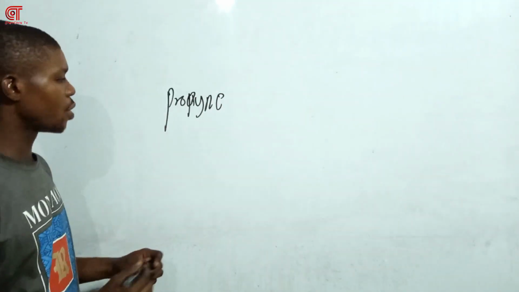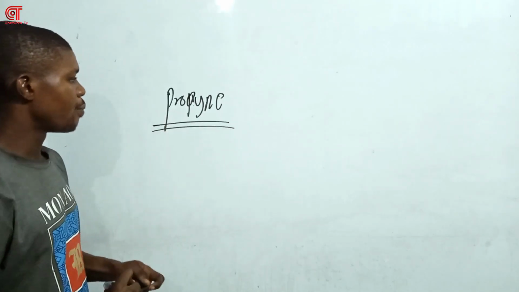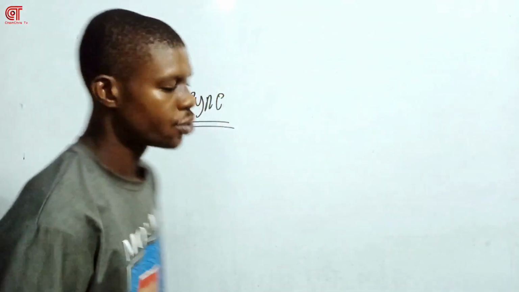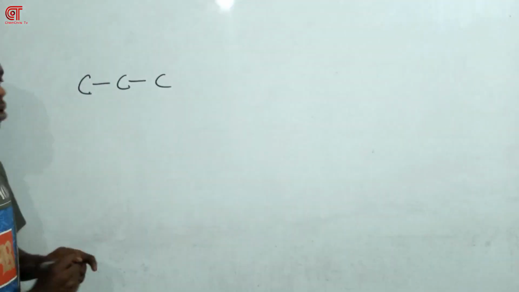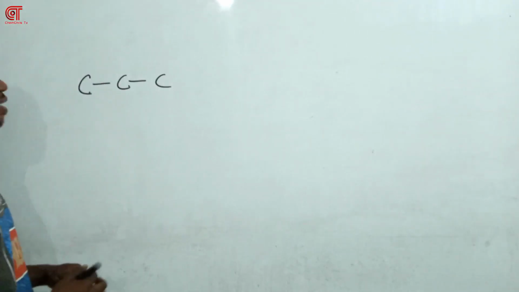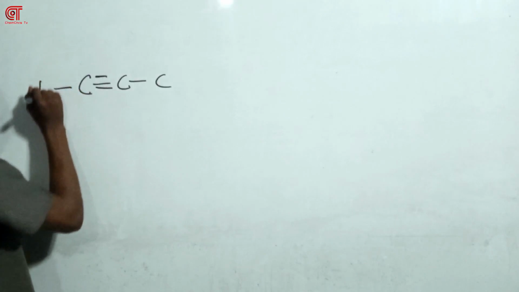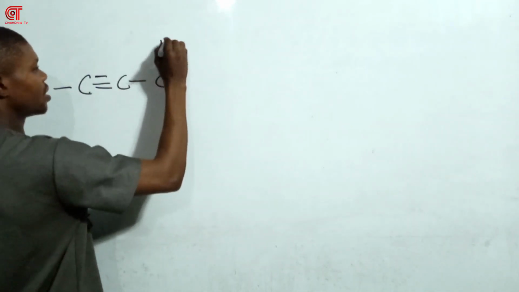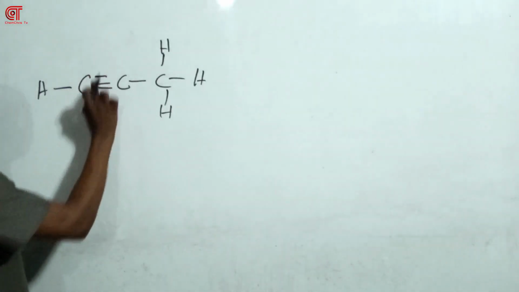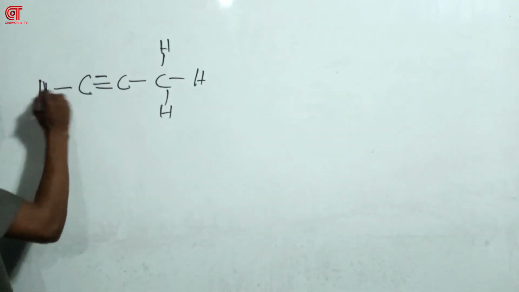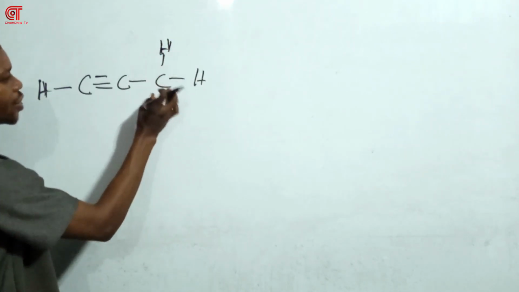What you want to do here is to draw the structure of propyne, with carbons one, two, and three. Propyne has a triple bond. So this carbon here already has a triple bond and one hydrogen, and this one just has a single bond.